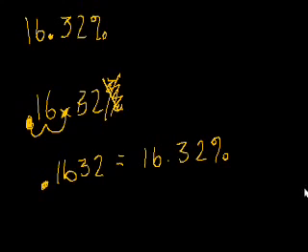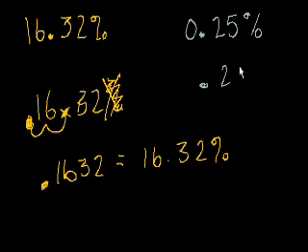Let me do another one in green. And this one actually confuses a lot of people. Let's say I had 0.25%. The important thing to remember is, I'll rewrite it here, 0.25.